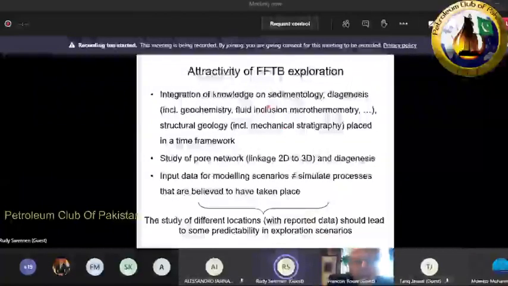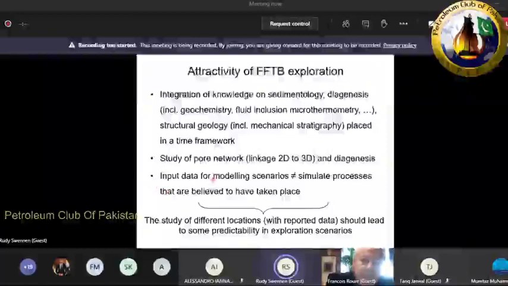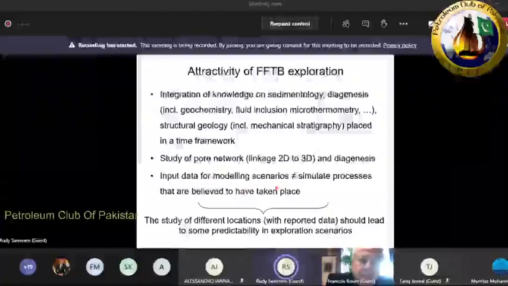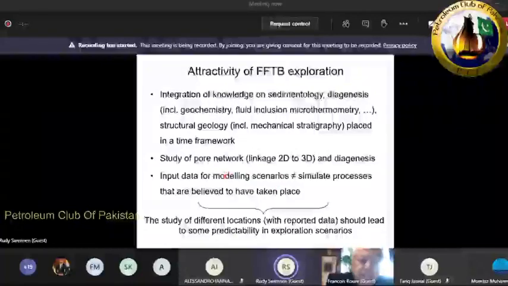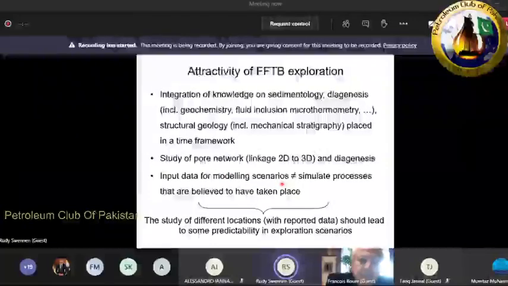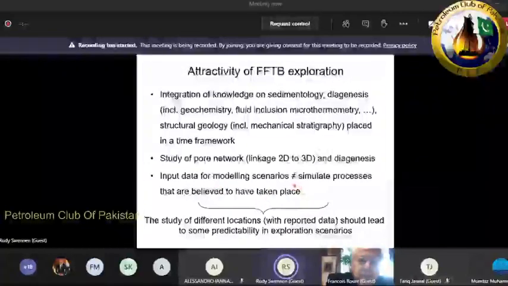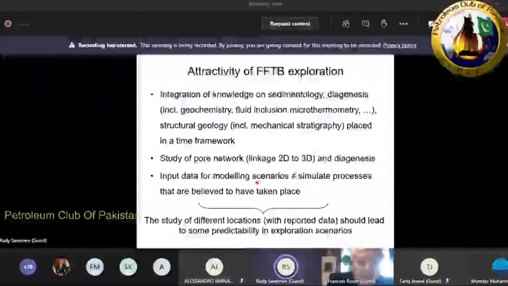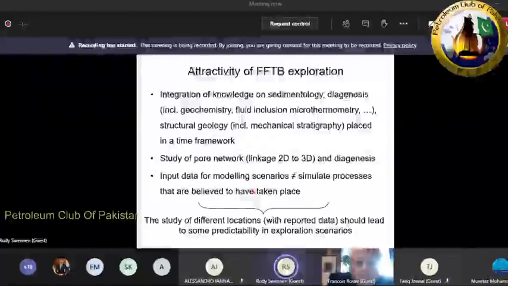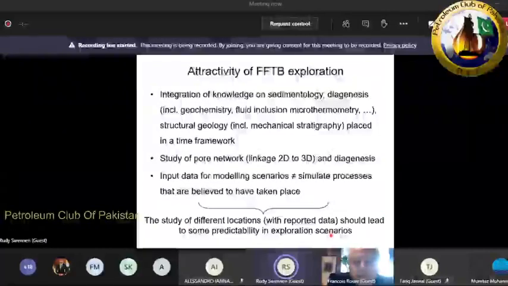And this, at the end, resulted in input data which could be used for modeling, and different scenarios were modeled to simulate the processes that are believed to have taken place and to some extent to become more and more predictive. So we studied different locations, and this should lead to that predictive model, which could help in exploration scenarios.